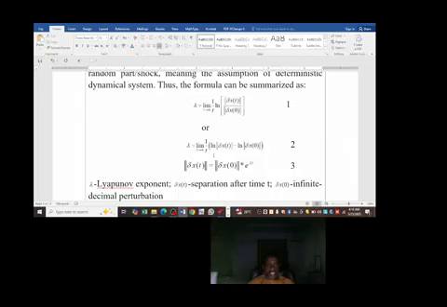The ds naught is the initial change, the infinitesimal perturbation. Perturbation means small change. So ds naught is the initial change, then ds t is the change after time t. T can be 3 months, 4 months, or 6 months, depending on the number of observations you have.